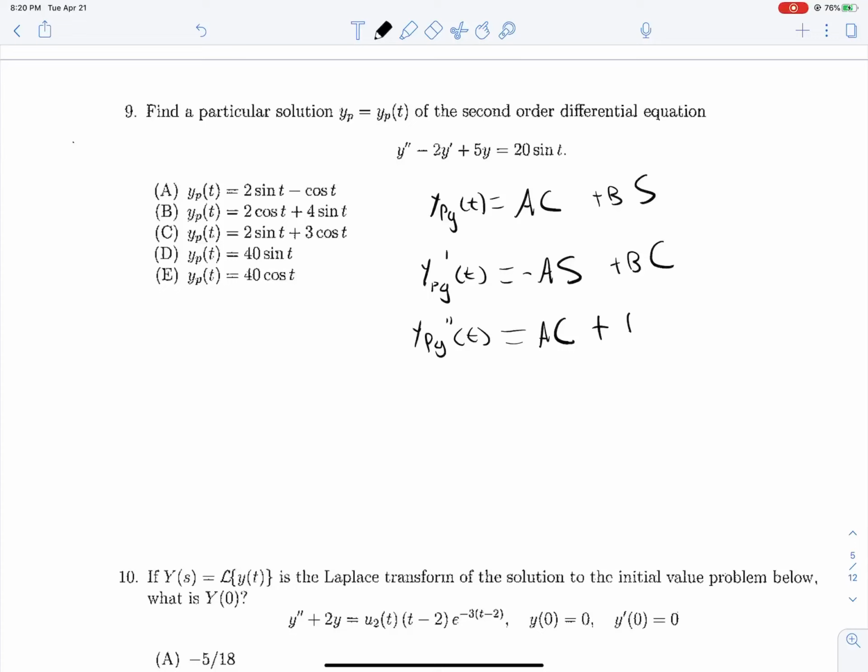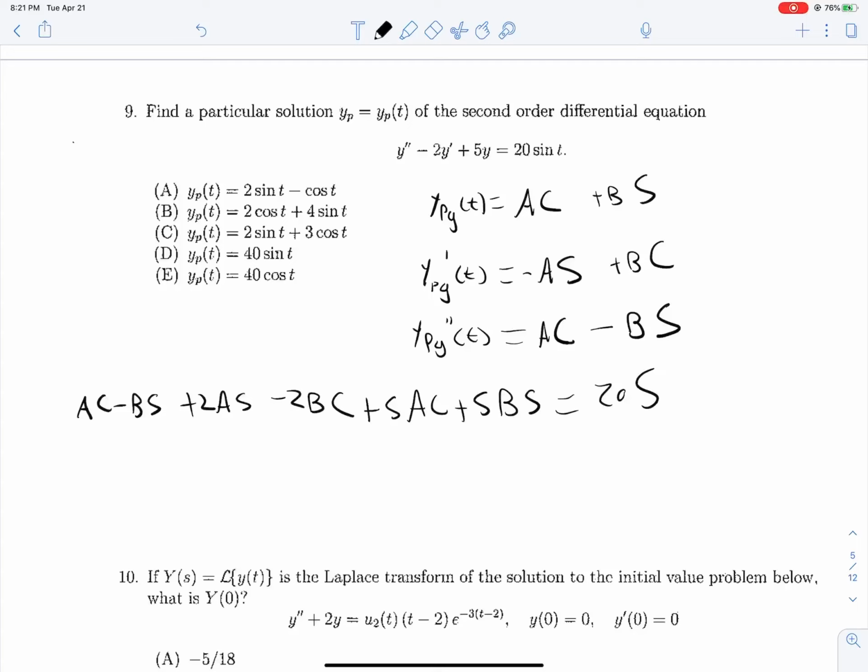ac plus bs. Nope, this is negative bs. There we go. See, maybe it's not the best idea. But we can plug these in. We will get ac minus bs plus 2as minus 2bc plus 5ac plus 5bs is equal to 20s.